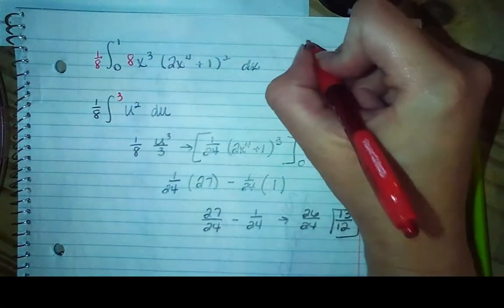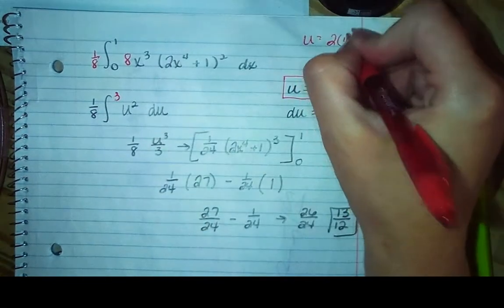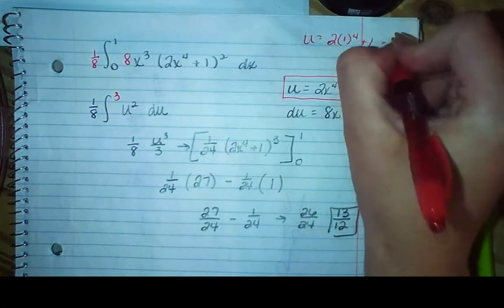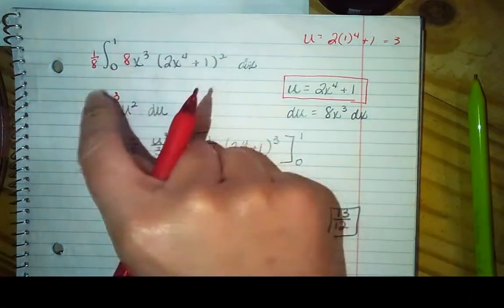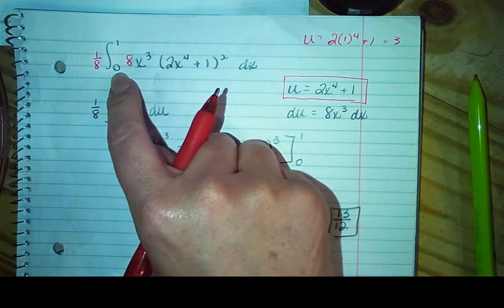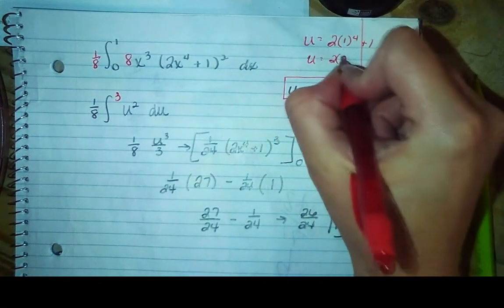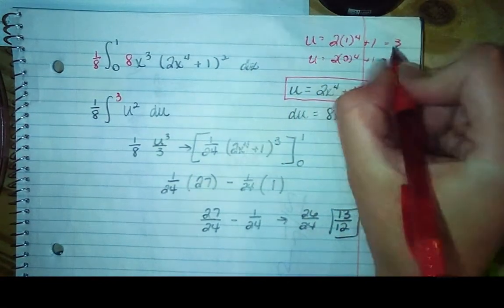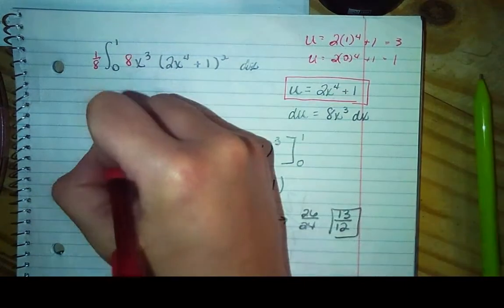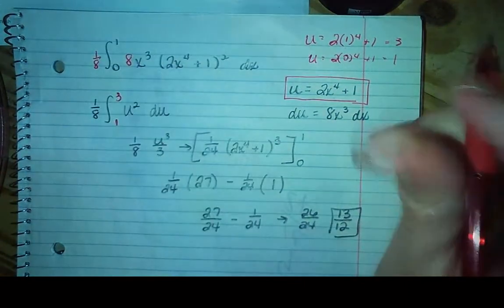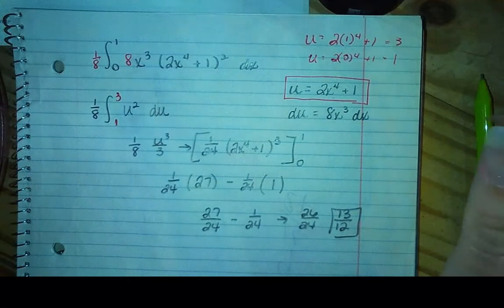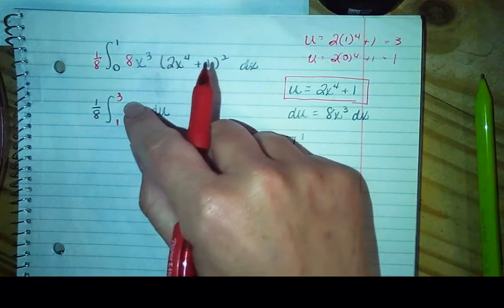Because again, my u would be 2 times 1 to the fourth plus 1, which is 3. So my lower limit of integration, I'm going to sub in a 0. So my u would be 2 times 0 to the fourth plus 1, which is going to be 1. So my limits of integration in terms of u go from 1 to 3.